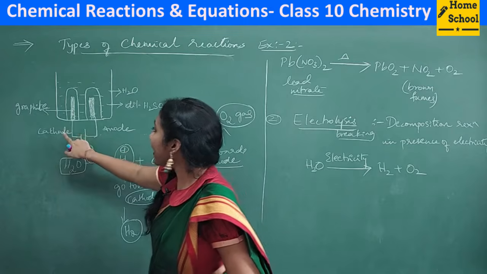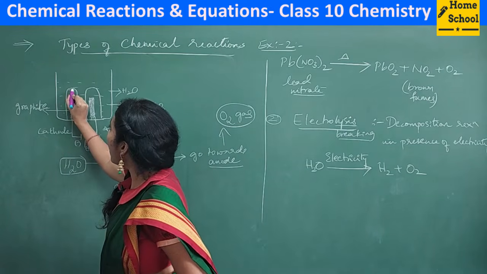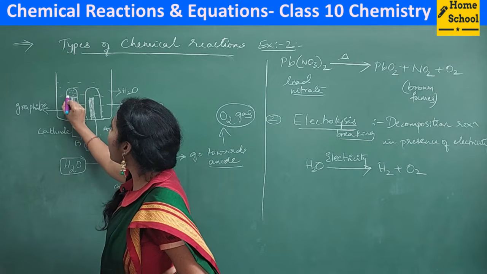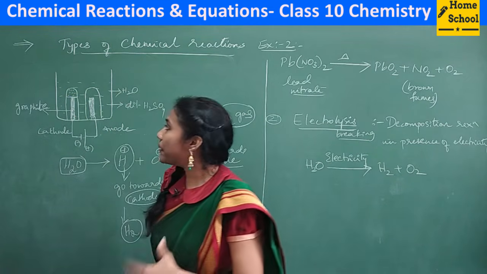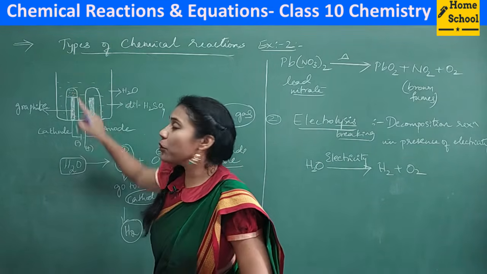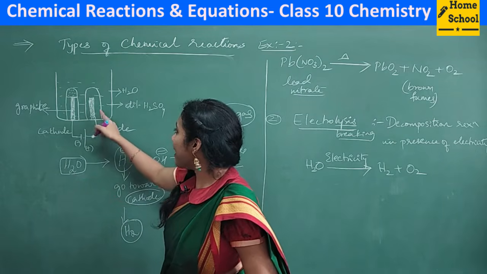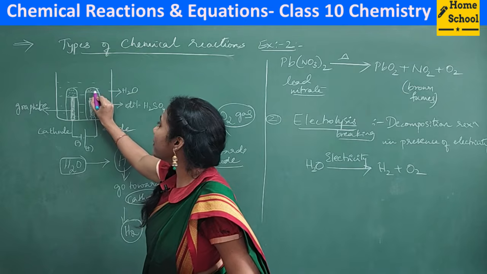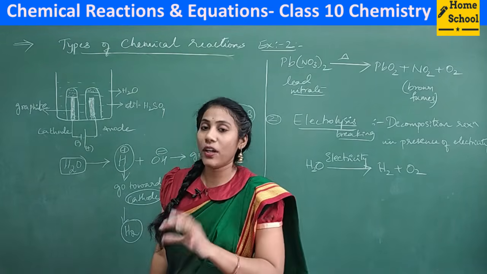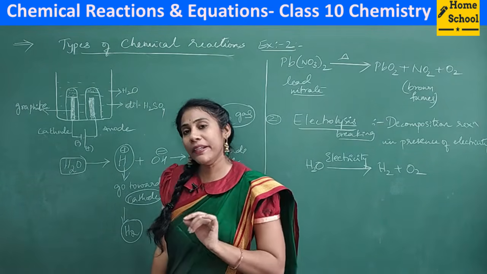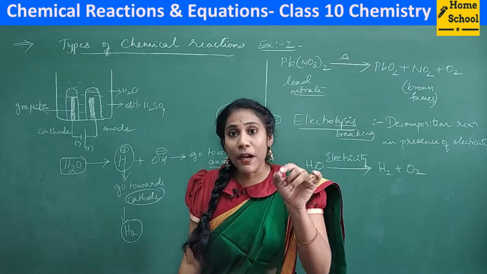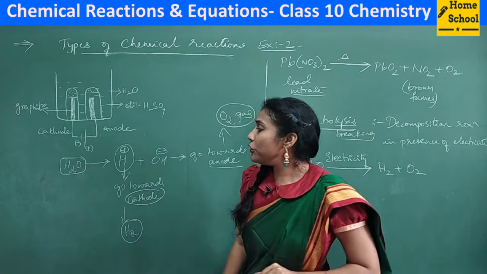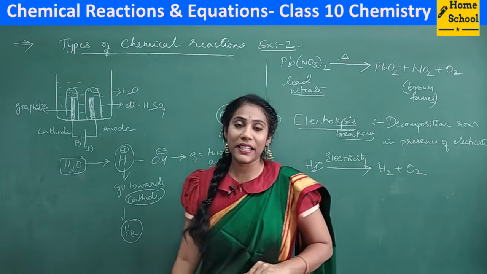So in the cathode, more area in the test tube is covered with gas, whereas in the anode only a little area is covered with gas, that is your oxygen gas. Less oxygen gas and more hydrogen gas you will get.